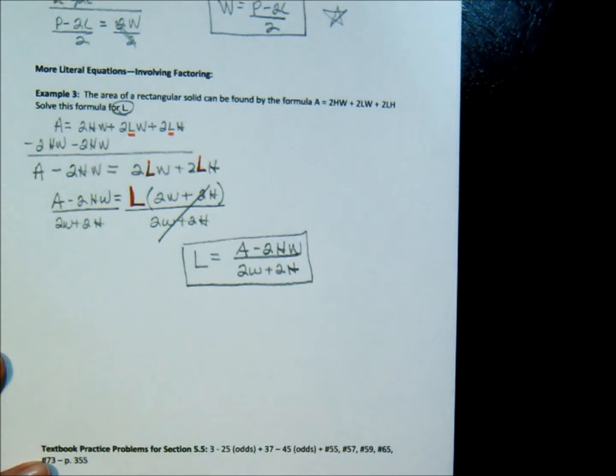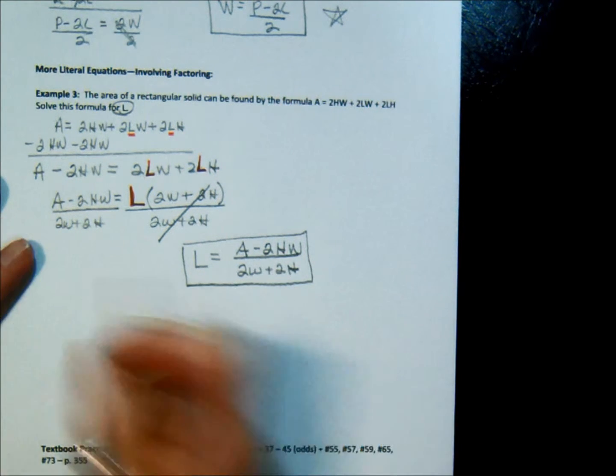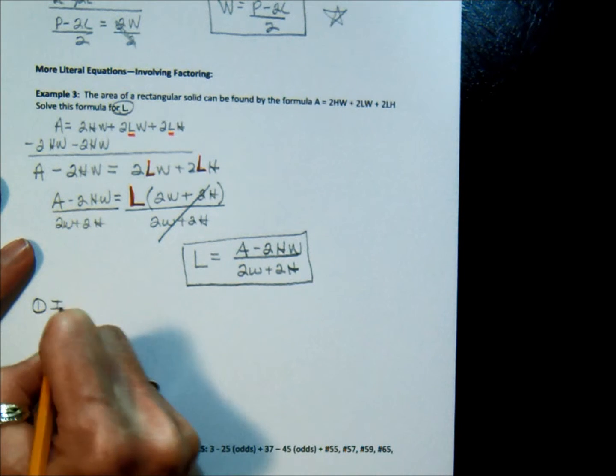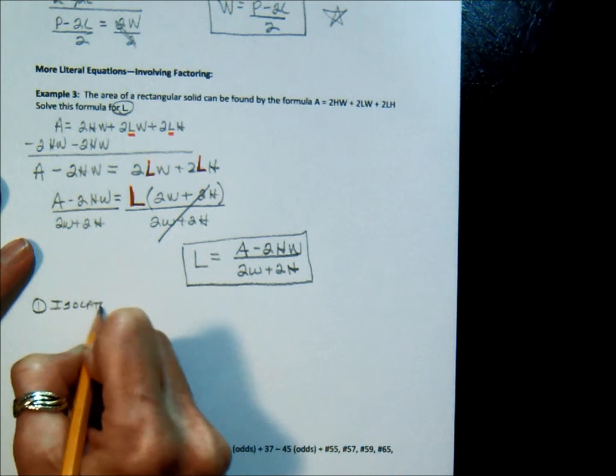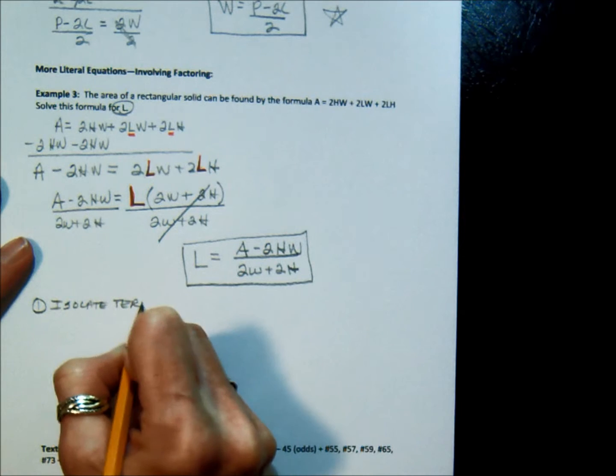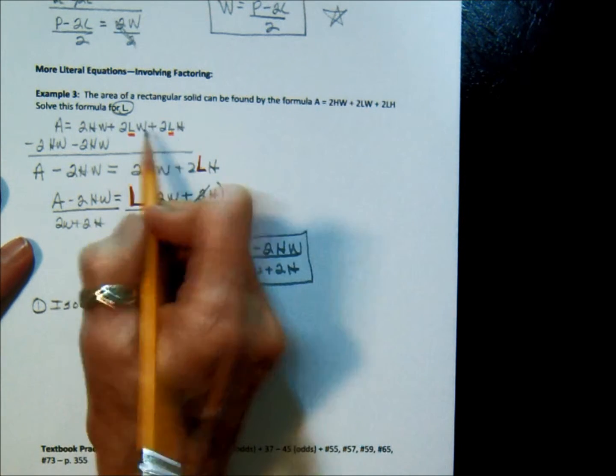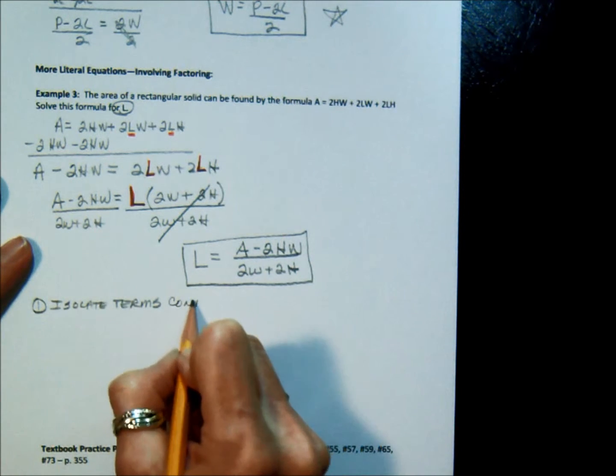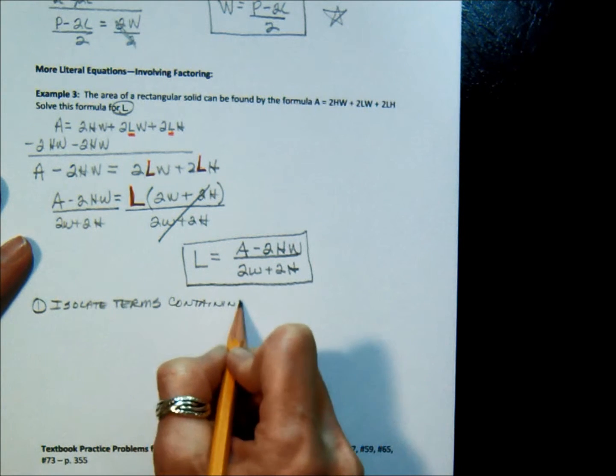So let's summarize. What did we do? 1, isolate the terms. In this case, there was more than one. There were 2 containing the specified variable.